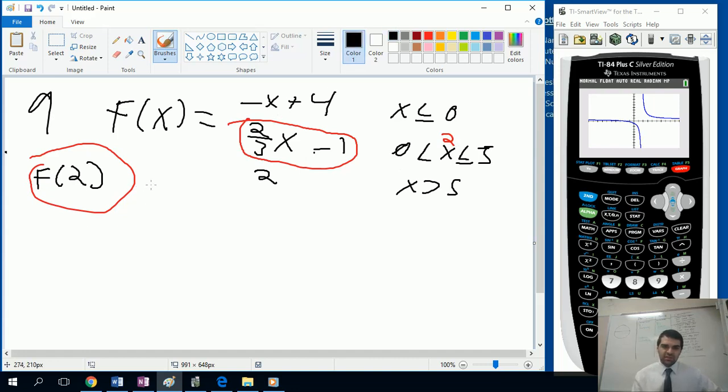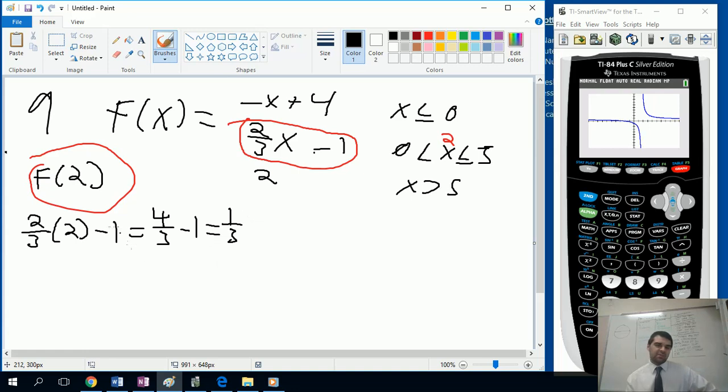F of 2 is going to be equal to 2/3 times 2 minus 1. It's going to be 4/3 minus 1, which is equal to 1/3. Do the math on that, check me. I'm pretty sure I'm right on that one though. So f of 2 is going to be equal to 1/3.